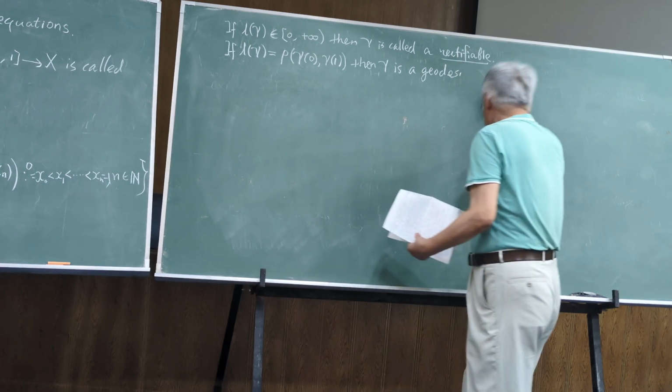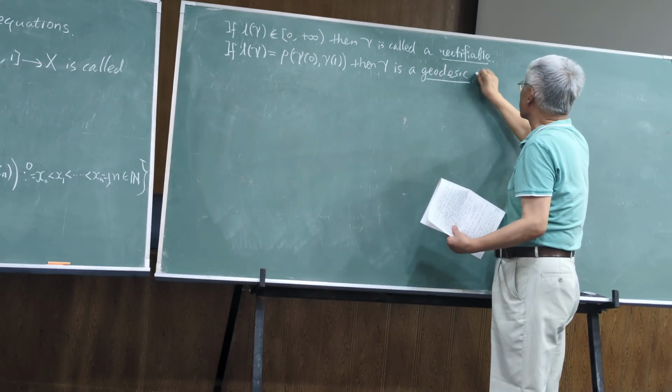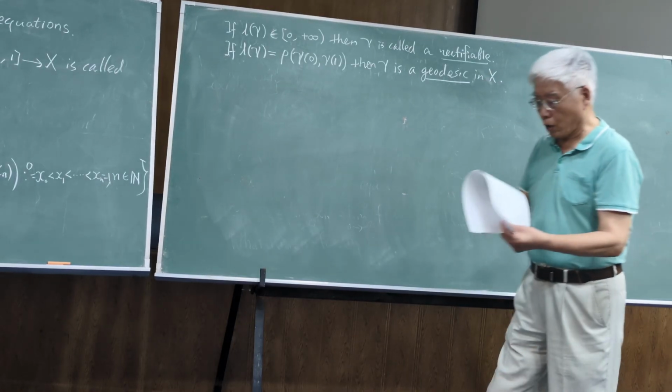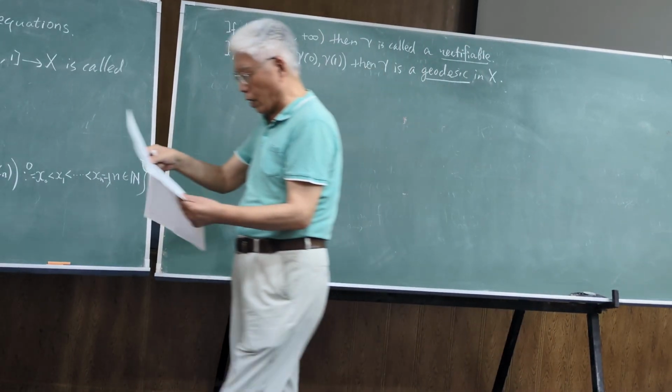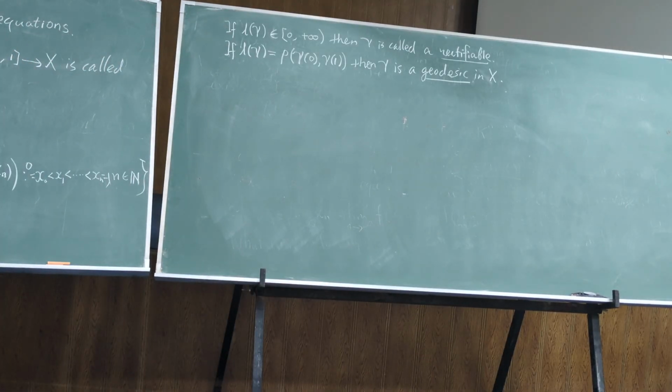Geodesic in a metric space. You have to really know that you have done lots of nice courses, especially from those European colleagues. In differential geometry, you have to introduce a Riemann metric, which assumes completely smooth, infinitely differentiable.